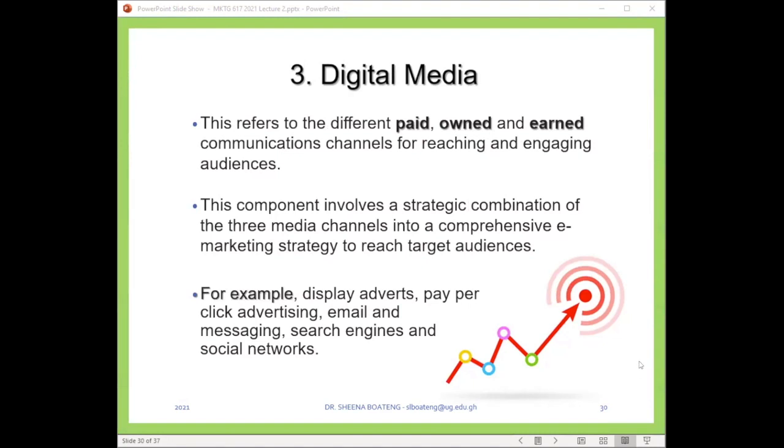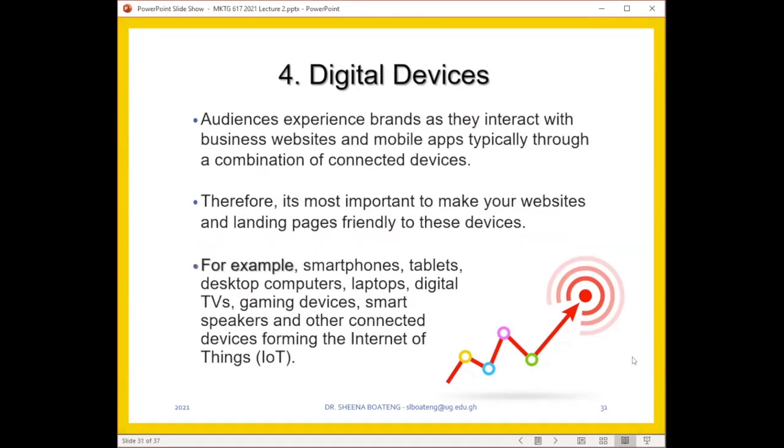The fourth digital element in the 5D model that we can talk about is digital devices. Again, audiences experience brands day in, day out in real time as they interact with businesses through their websites and mobile apps, typically by using a combination of connected devices. Currently, I dare say that each of us here owns at least 2 devices that are connected to the internet.